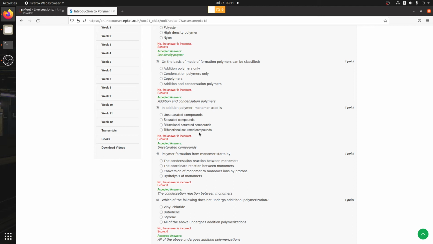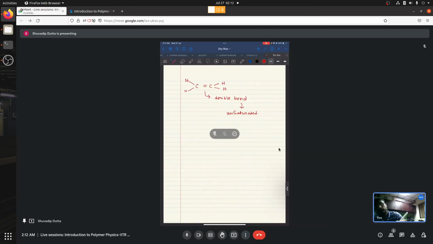In any hydrocarbon where there is a double bond, this molecule is not saturated. So these hydrocarbons are called unsaturated hydrocarbons, correct?